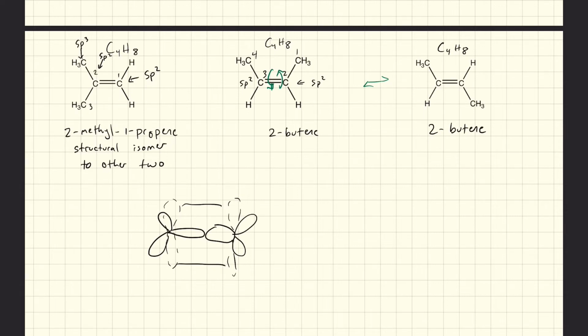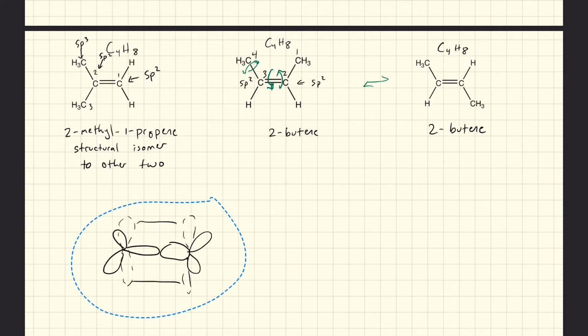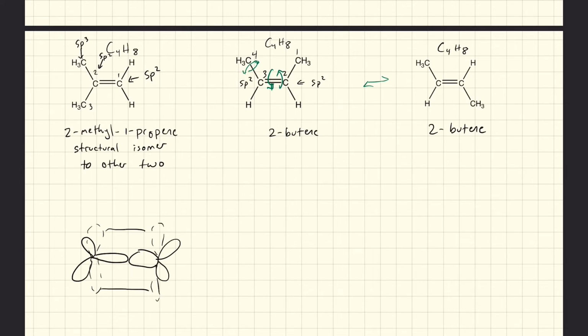So they're not. A single bond has free rotation, so that CH3 can rotate in all different directions. It's totally fine. But the double bond and a triple bond cannot rotate because of these pi bonds. So these other two are actually different molecules.